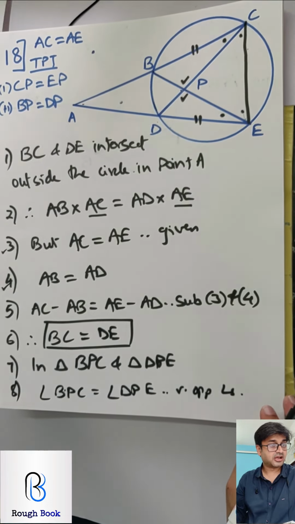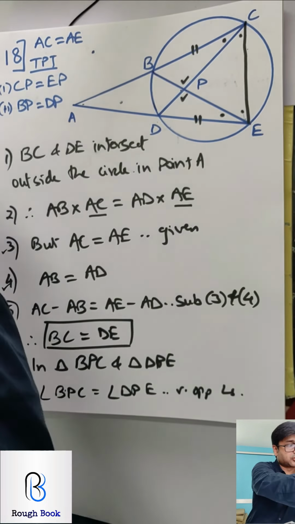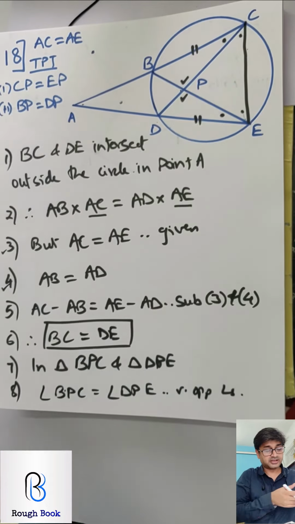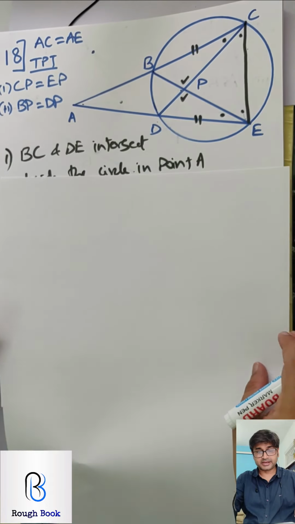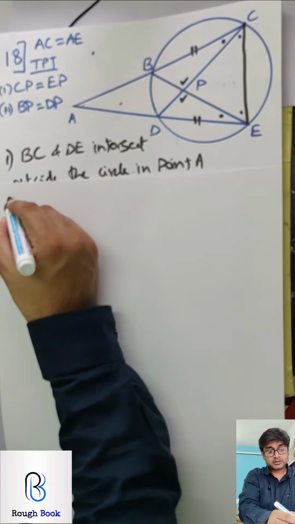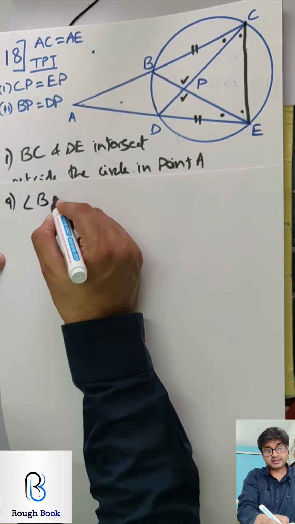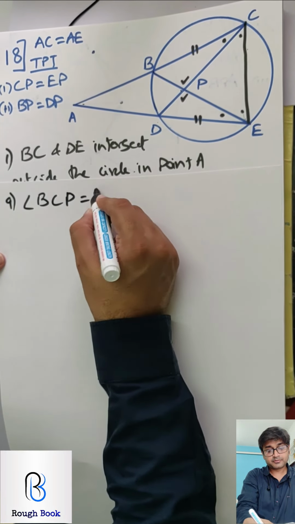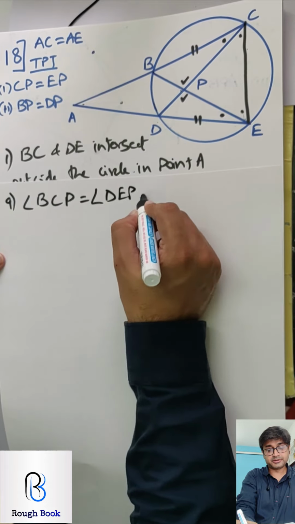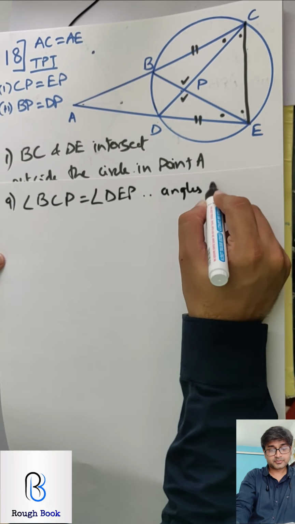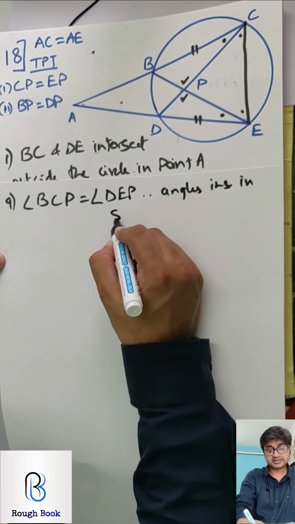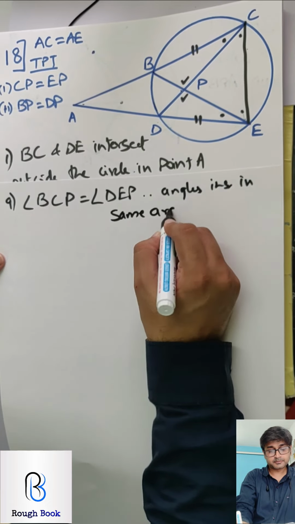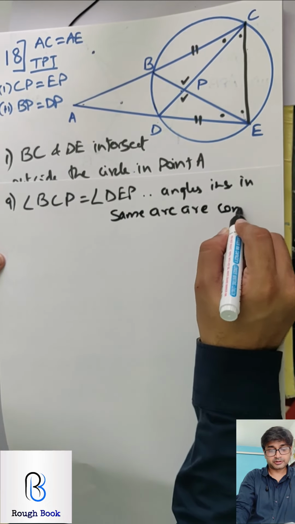Let's take a fresh sheet and move on with the second part. So 3 more parts to go. Let's see how we can present them. Statement number 9: angle BCP equals DEP, angles inscribed in the same arc are congruent.